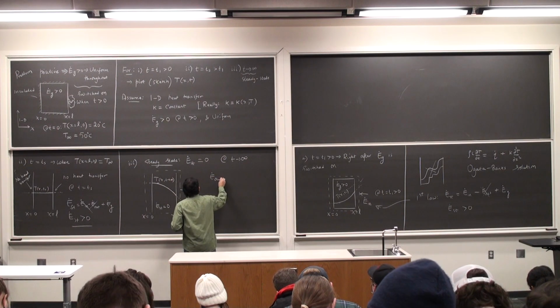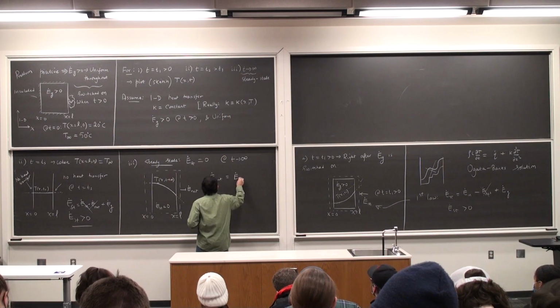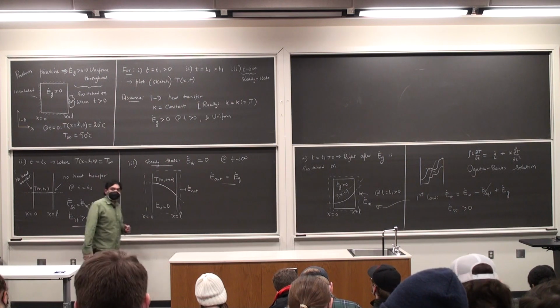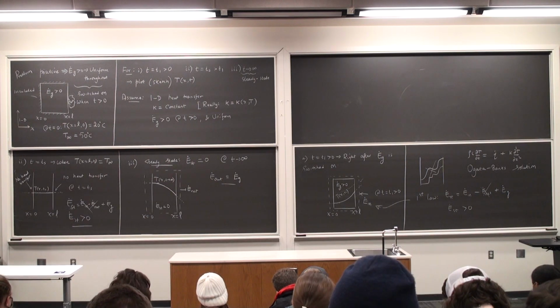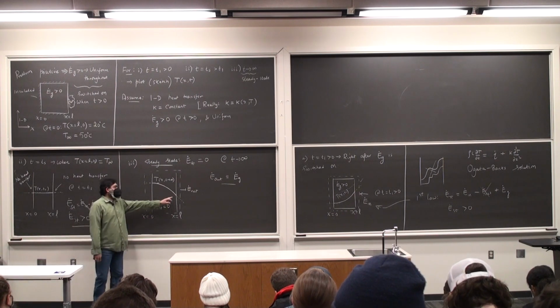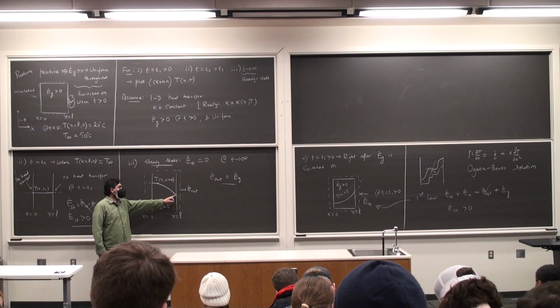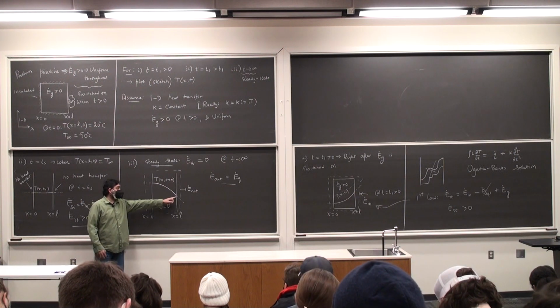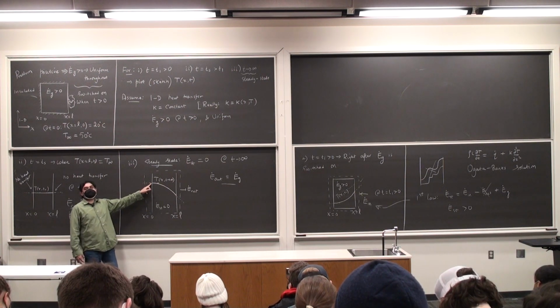E dot out will end up being equal to the energy generated. Okay? And because of the fact that there is some heat transfer going on from the wall onto the ambient, the temperature at this side is obviously going to be lesser than the temperature there.